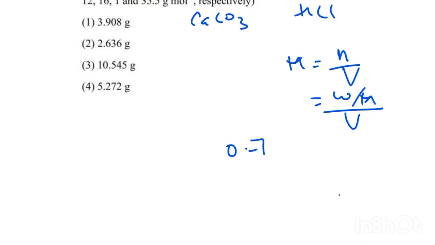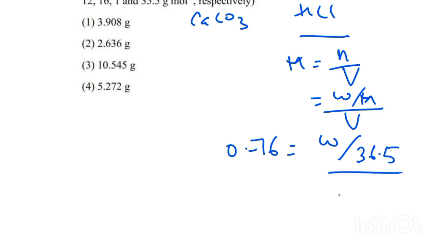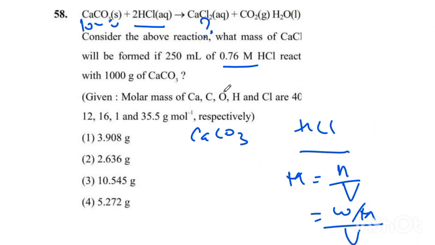Molarity was given 0.76, given mass we have to find out. Molecular mass of HCl is 36.5. Volume was 250 ml, that is why we multiply by 1000. Molecular mass of HCl comes out to be chlorine plus hydrogen, that is 36.5.